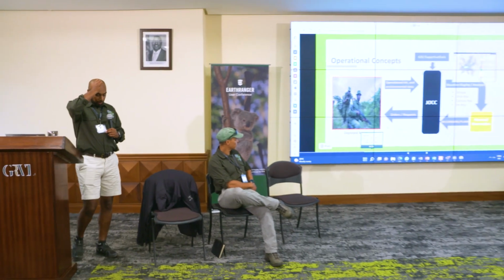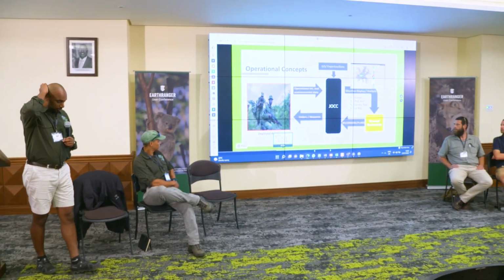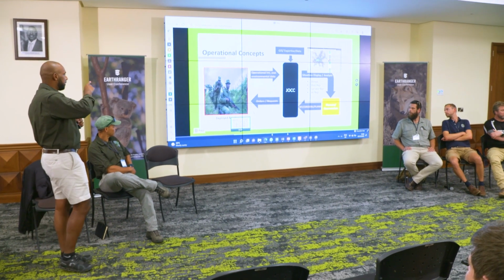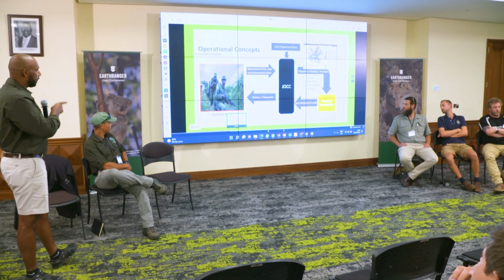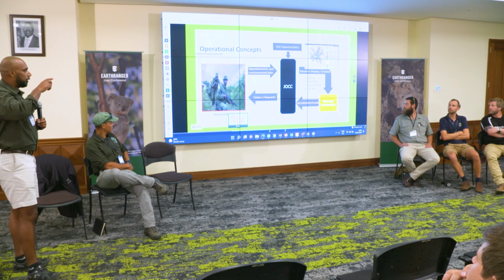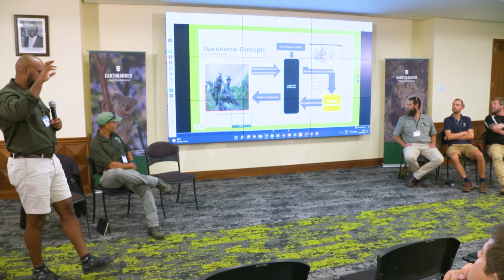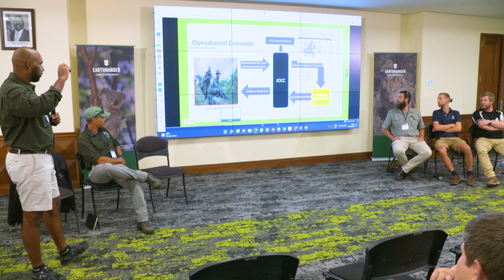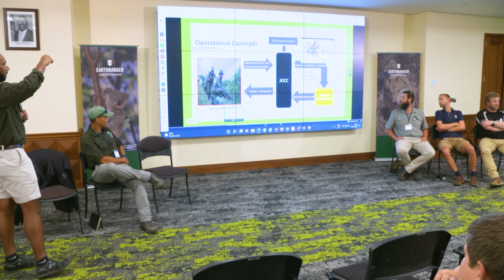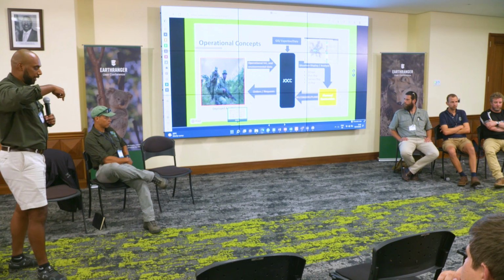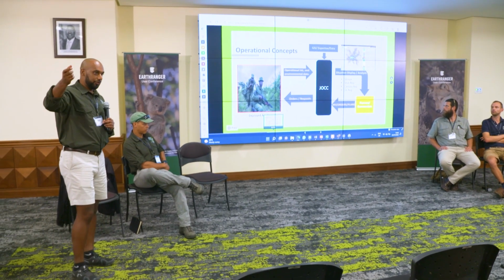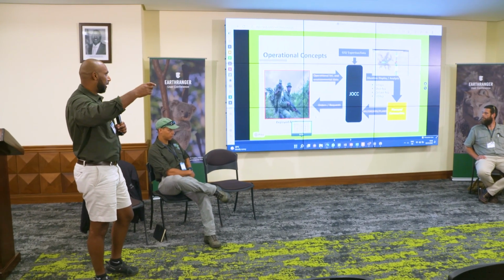Okay, so when we look at operational concepts, this is what I was talking about, the flow of data. We have our operational intelligence and environmental data coming in from the ground. It's going into a command center, whether that's your radio room, your joint operation command center, or your operations room. Then you have third-party information, which can be GIS, other expertise, or intelligence from a different cell.